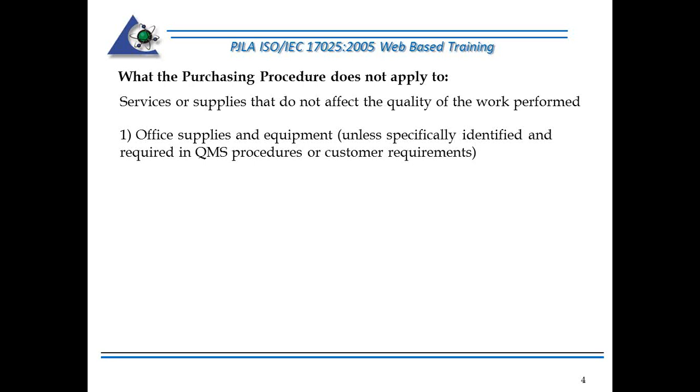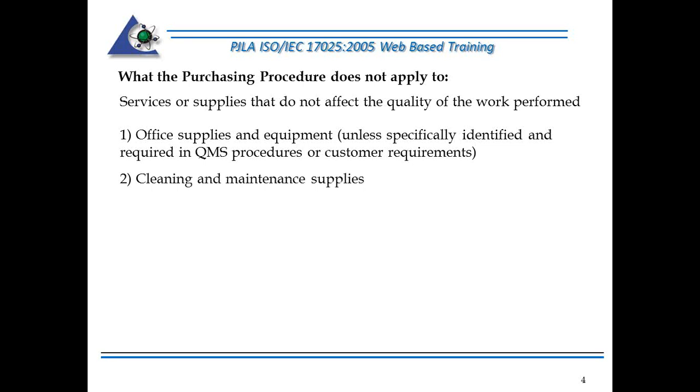Say if a customer wanted their reports generated on a very specific printer that you have, perhaps they want them in color. As an example, if you had customers who wanted color reports, you would probably put a color printer in the lab. But using this as an example, if your lab printers were black and white and a customer wanted a report in color, then you would use that particular piece of equipment and your purchasing procedure would apply to it for ink cartridges and so forth.